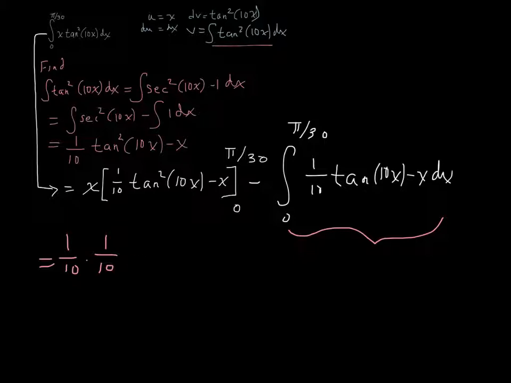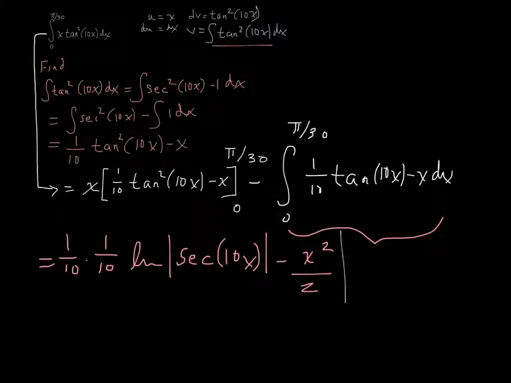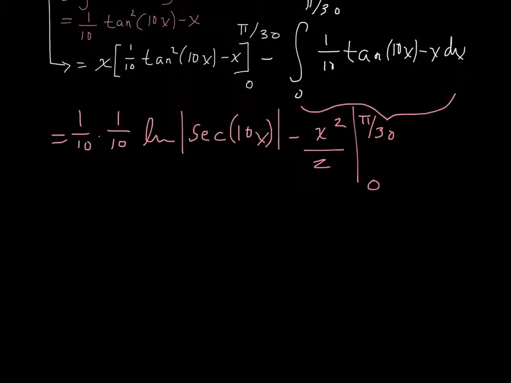And this is going to give me ln of secant 10x, minus my x becomes x squared over 2. And I'm going to evaluate this from 0 to pi over 30.